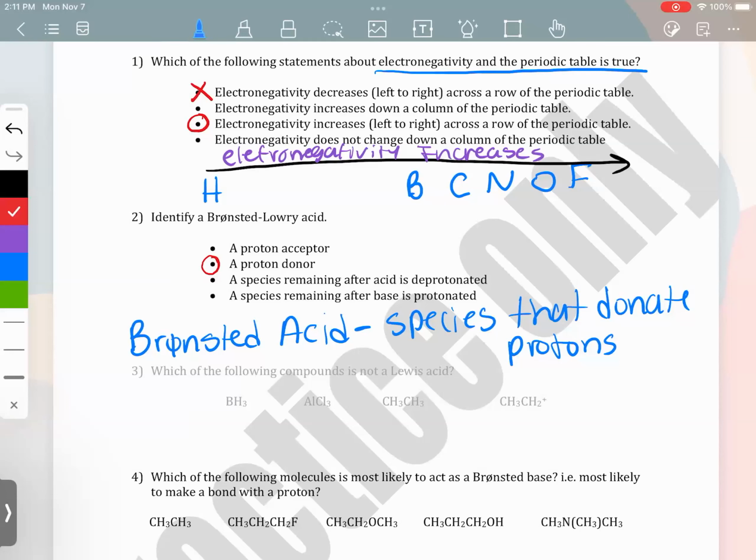With Bronsted, it's more related to the hydrogen atom, where it's going to be donated and who's going to snatch it. The definitions for Lewis acids and bases are more about the electrons, because a Lewis base is an electron donor and a Lewis acid is an electron pair acceptor.